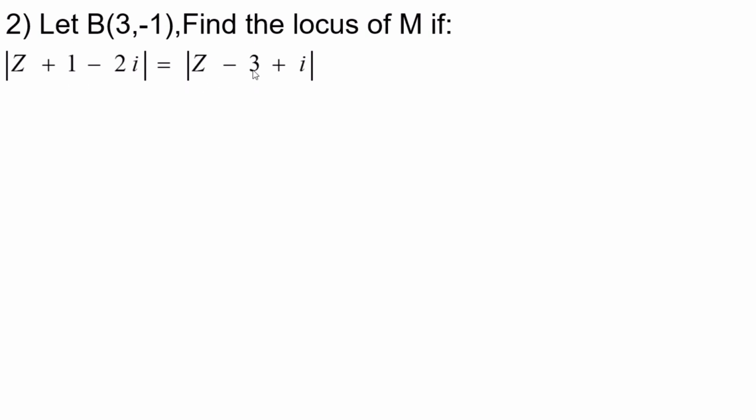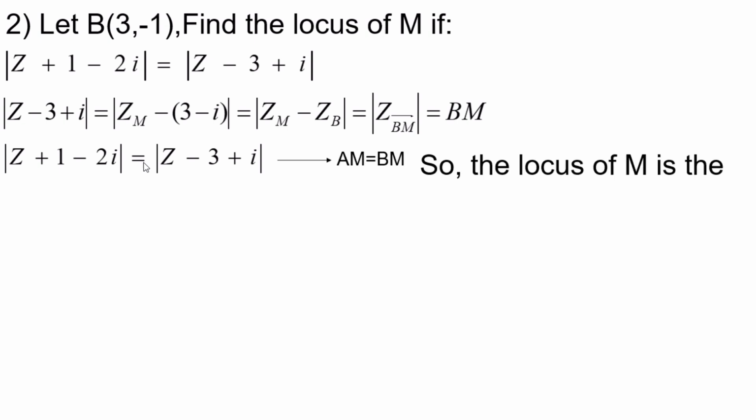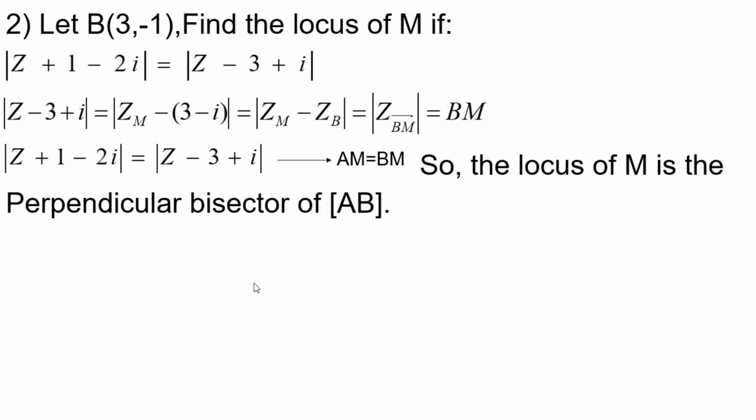And here, if we take minus as a common factor, we get z of B. The modulus of z M minus z B is BM. So AM equals BM. M is equidistant from A and B, so the locus of M is the perpendicular bisector of segment AB.